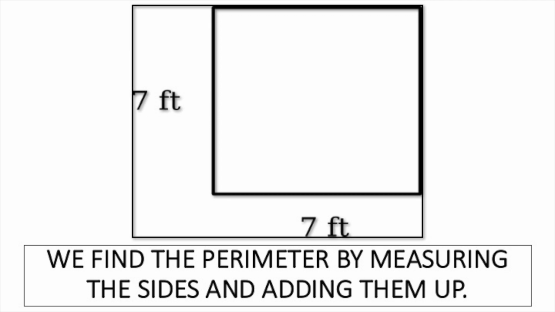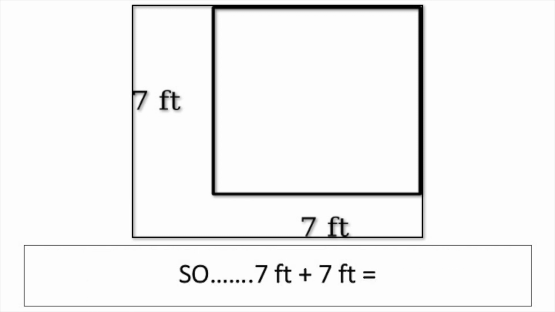Now we can either do 7 plus 7 times 2, or you can just do 7 times 4. Let's do 7 plus 7 first. Equals 14. So then 14 times 2. 14 times 2 equals 28.